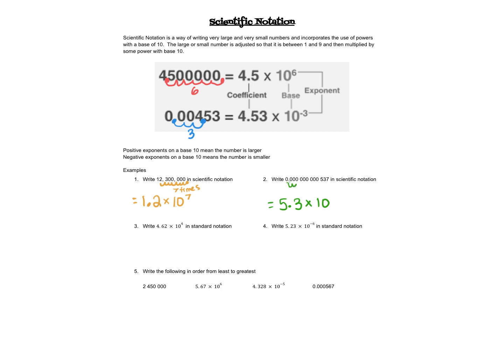So that's 1, 2, 3, 4, 5, 6, 7, 8, 9, 10 times. So the exponent is going to be negative 10 because it's a small number. And we move the decimal 10 times. So that's 5.3 times 10 to the exponent negative 10.